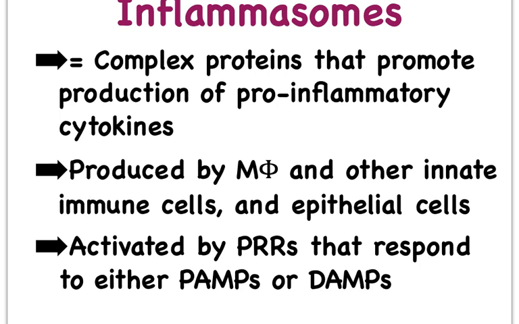Another set of chemical mediators that are produced during acute inflammation are called inflammasomes, and they're proteins. They're good-sized proteins, and they're going to increase the production of cytokines that like to create inflammation. So they're going to be chemicals that stimulate the production of even more cytokines.